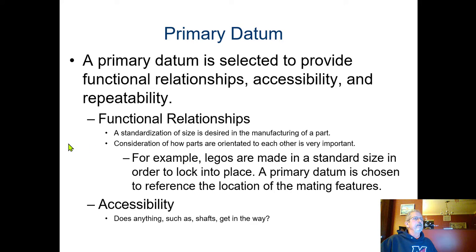Okay. Primary datum. The primary datum is selected to provide a functional relationship and accessibility for repeatability. In other words, we want the very best side to measure from. You can't measure from a tangent very well. You can't measure from an edge very well. You can't measure from a curve very well.